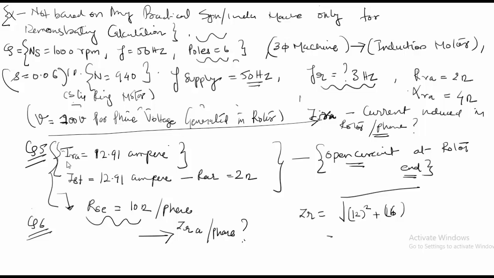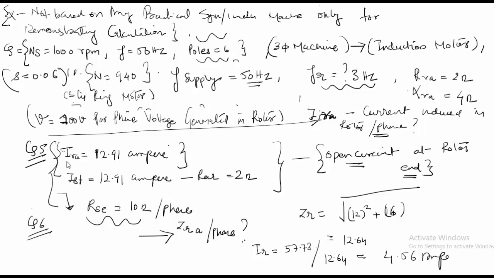So your impedance now is 12.64, and your starting current IR is equal to 57.73, which is your voltage per phase, divided by 12.64.